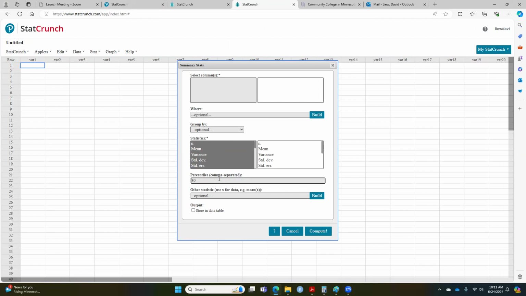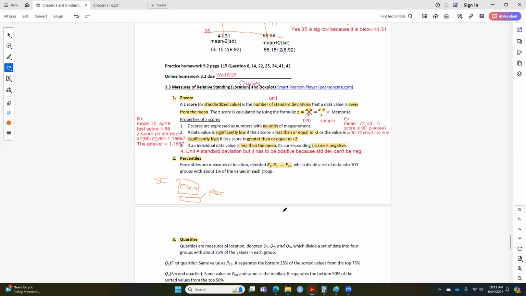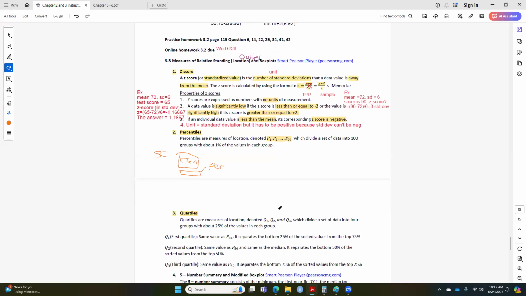If you want to find more than one percentile, say the 30th and the 85th, you just put 30, comma, 85. You can put multiple percentiles here. So make sure you know that percentile is right underneath the statistics. A lot of students ask me in the test, so I'll tell you where it is. Make sure you know where the percentile is located.